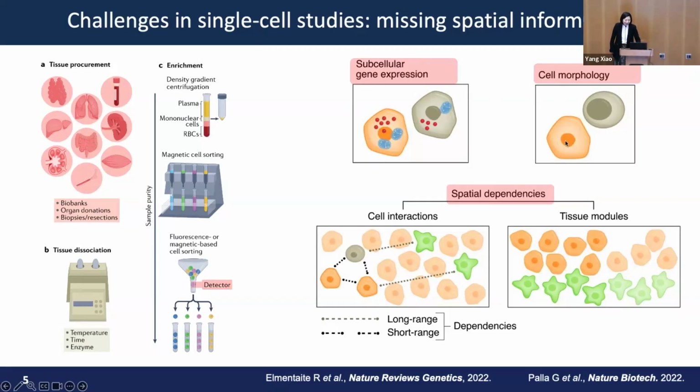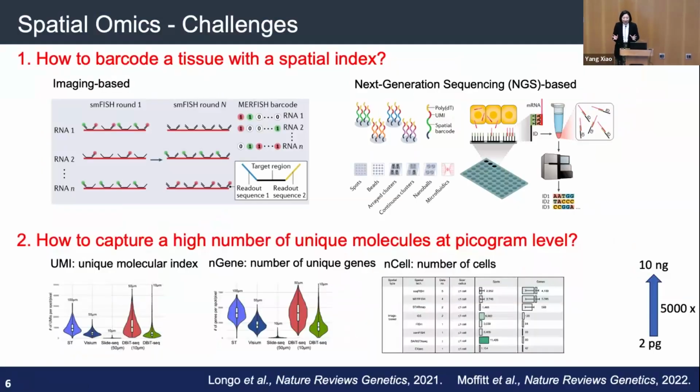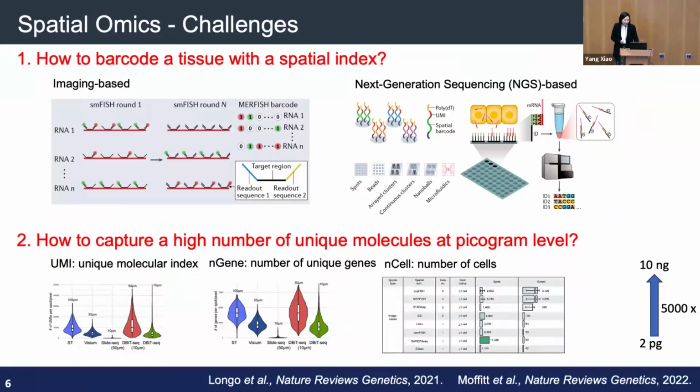And most importantly, there will be no spatial landscape or mapping of how cells interact with each other and how tissue organizes together. So the two challenges from single cell to spatial are: how can we barcode the tissue with a spatial index? How can you deliver such a small index to label the location of the mRNAs? And the second biggest challenge is how can you work with such a small number of molecules?